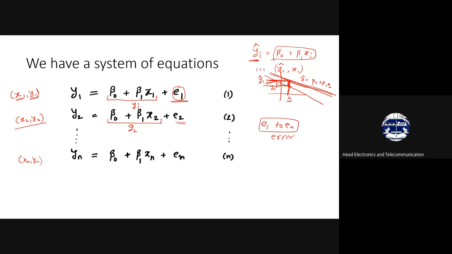I am just repeating what beta 0 and beta 1 are: they are the parameters of the line. The predicted value y is equal to beta 0 plus beta 1 xi. Now the target is to obtain beta 0, beta 1 such that the error is minimum. So that we have to achieve.